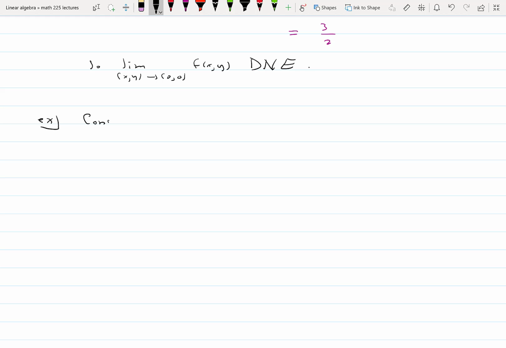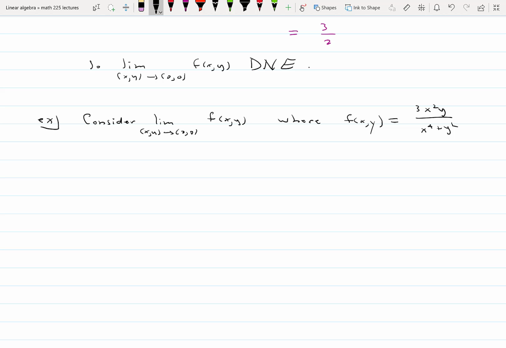Let's consider the limit as the point (x, y) approaches the origin of f of x, y, where our new function is similar to our other function. It's another rational function of x and y: 3x squared y over x to the 4th plus y squared.